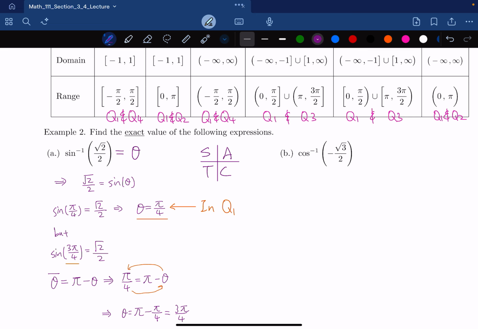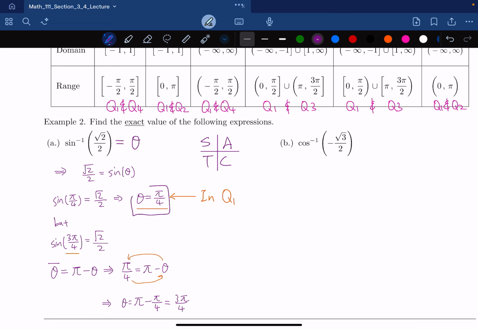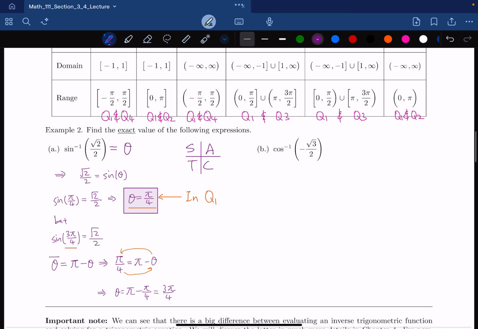Okay, so even though we got this one first, it's not necessarily guaranteed that it is the answer. We have to make a double check to make sure that it is in fact the answer.